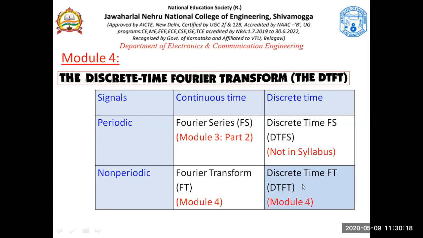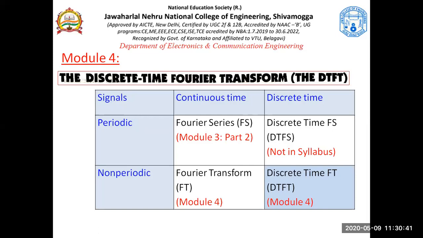Here, the signal is non-periodic, but the spectrum, the frequency domain signal, is periodic. Understand the difference between the spectrum of Fourier series and the spectrum of DTFT? The spectrum of Fourier series is non-periodic. The spectrum of DTFT is periodic.